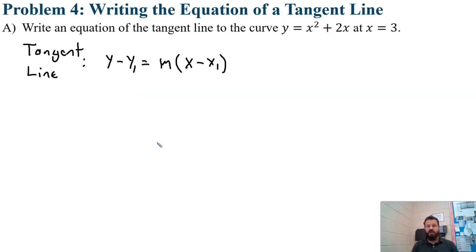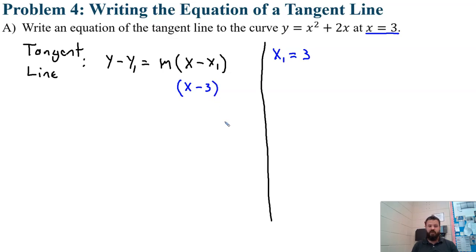Okay, we can't jump straight to slope intercept form. I suppose technically we could, but we're not going to be sure what the y-intercept is right off the bat. So what we need to do here then is just fill in this m, x1, and y1. Our x1 is just the x value we're going to take the tangent line at, the 3.